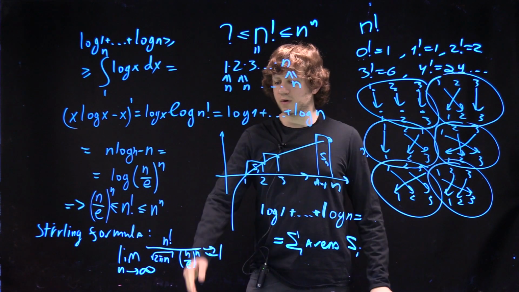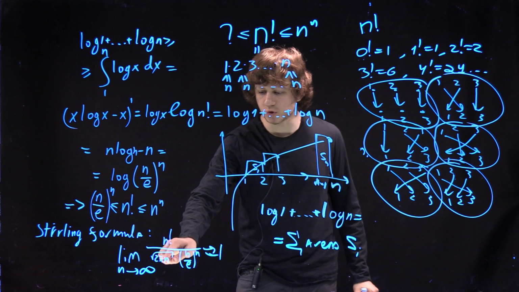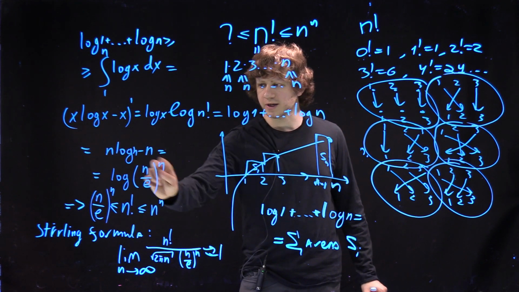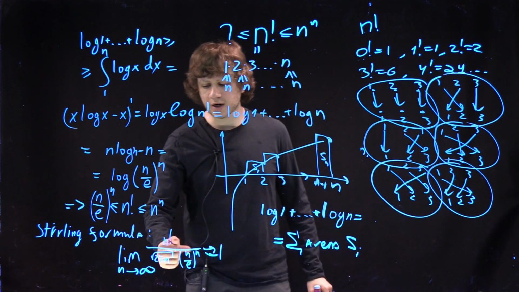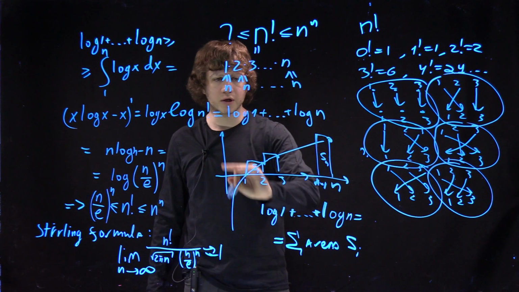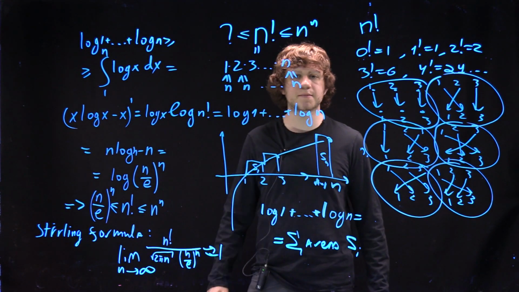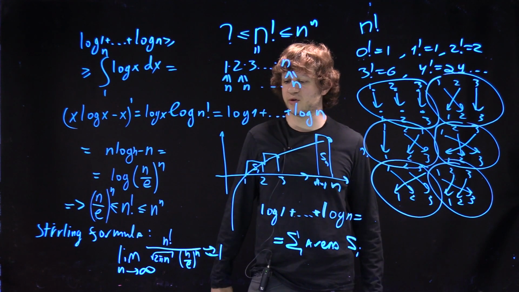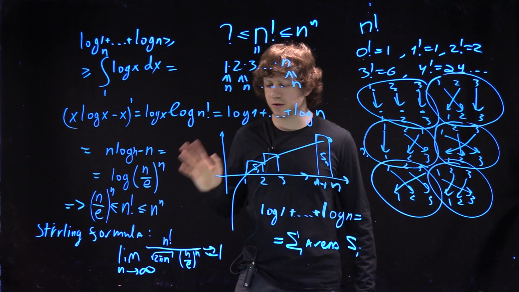That's even more beautiful because it has a square root of n and it has a square root of 2 pi. N over e comes from here basically, and it's not very hard to show. Square root of n can be seen if you use a slightly more careful trick with integration, but to see where square root of 2 pi comes from is a more elaborate task. Maybe we will prove it later, maybe not, I don't know yet.